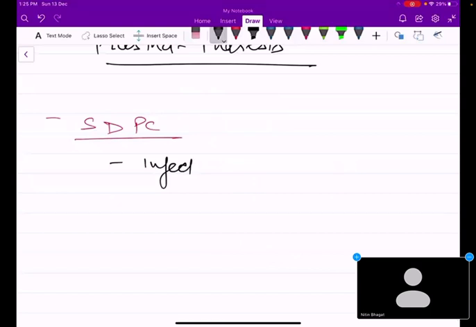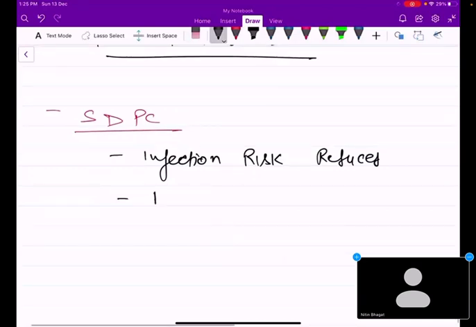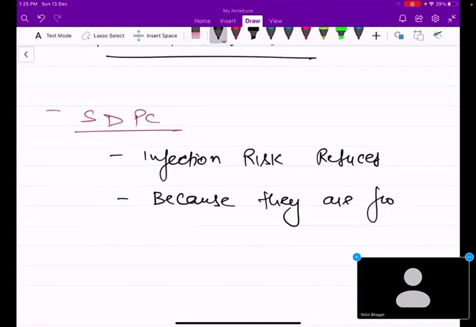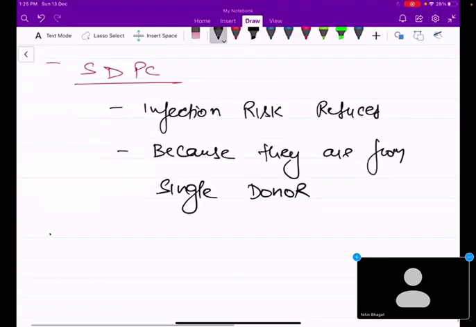First, infection risk is reduced. Secondly, because they are from a single donor, they are not destroyed rapidly.